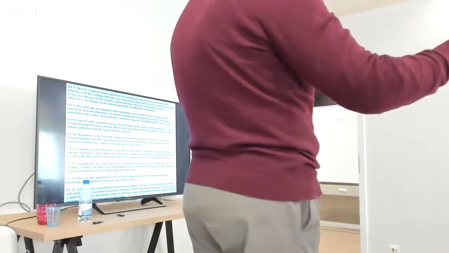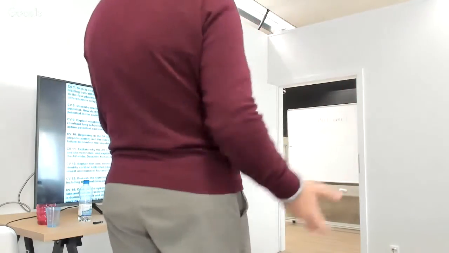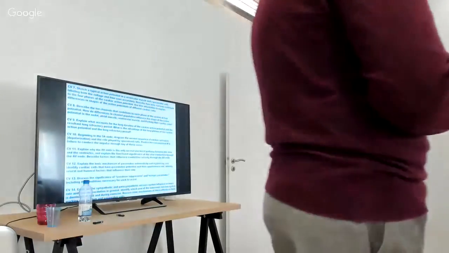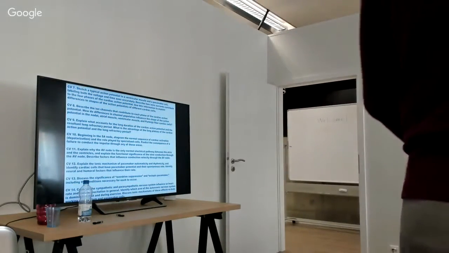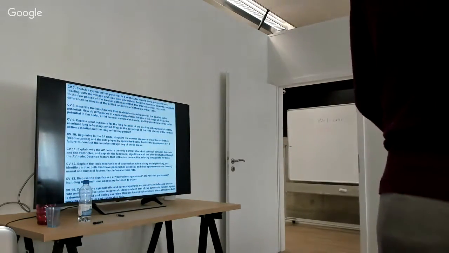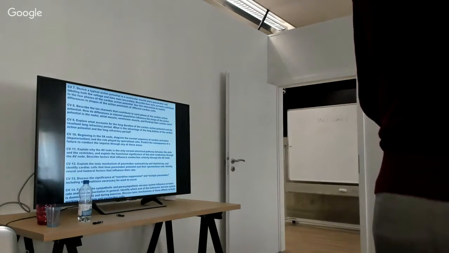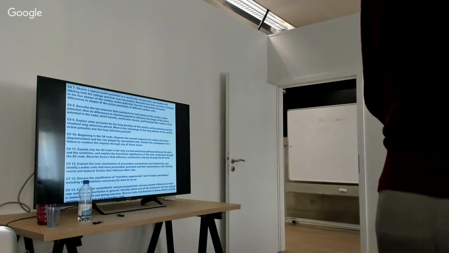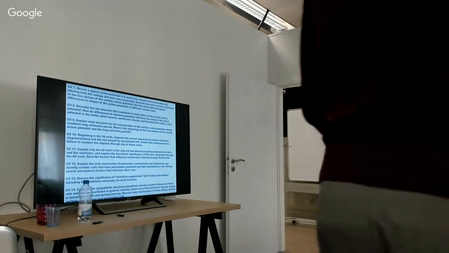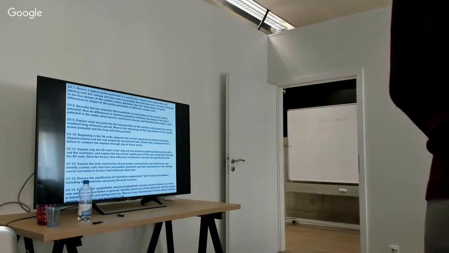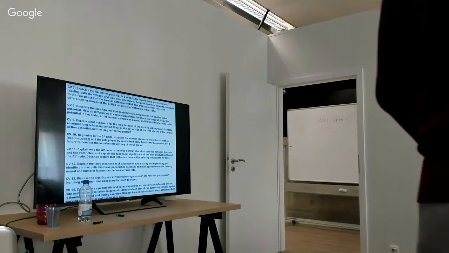One of the questions on the exam could be: sketch a typical action potential in a ventricular muscle cell and a pacemaker cell. They are different. The action potential in the cardiomyocyte that contracts, the real cardiac muscle, is different from the action potential in a pacemaker cell like the sinoatrial node.